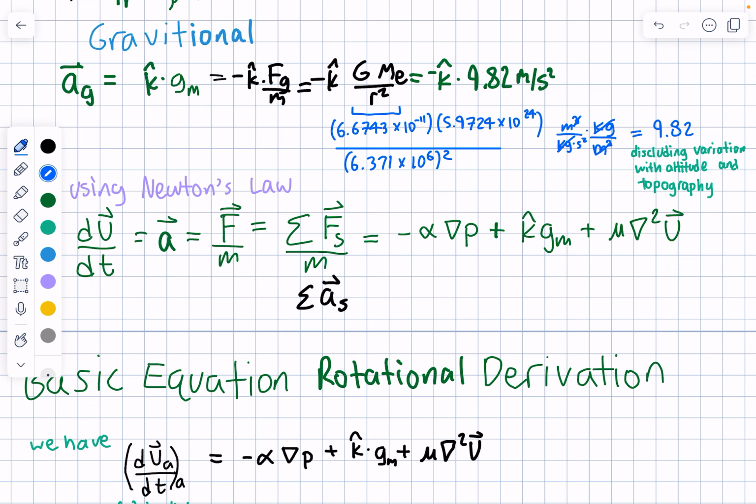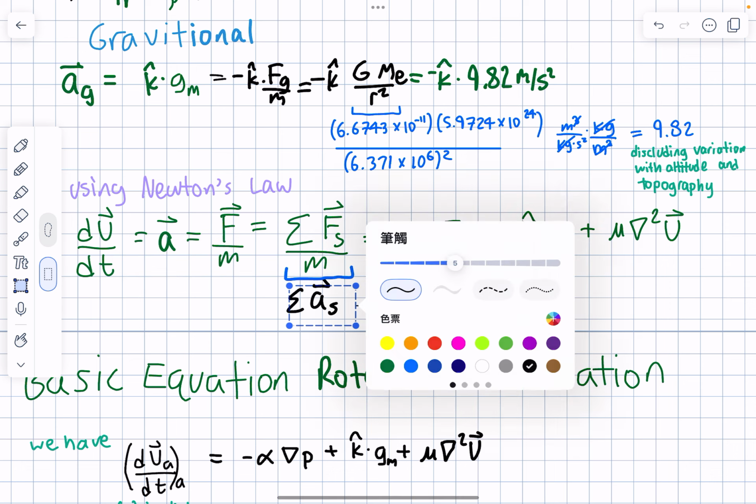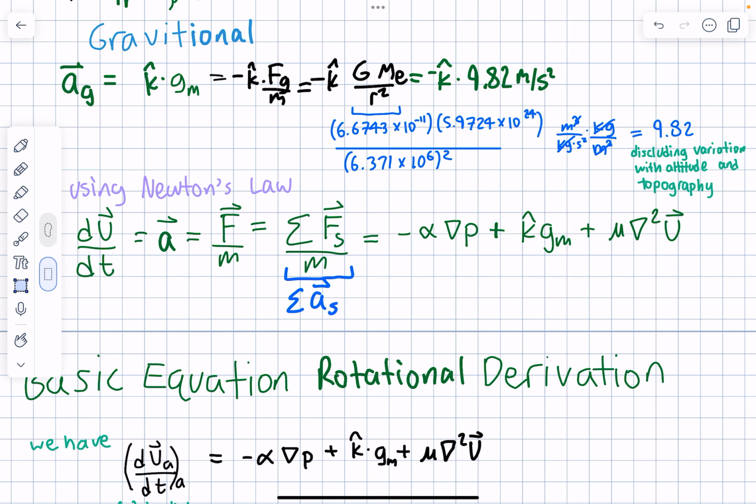Make that blue. And we can just combine these 3 forces that we just found: the pressure gradient, just as in the form we saw before, the gravitational force, and the frictional force.